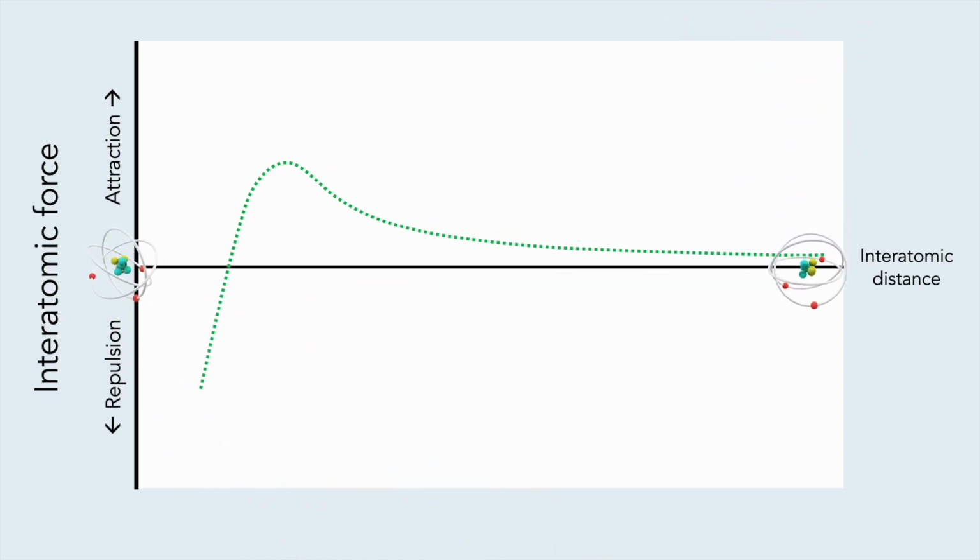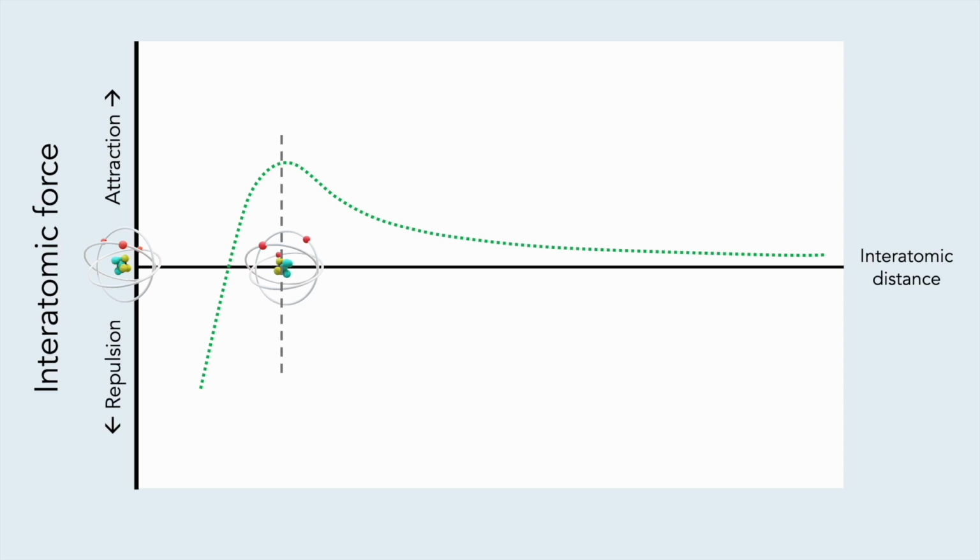Here are two atoms that have a large interatomic distance separating them, but there is an attractive force that wants to pull them together, and the force gets stronger and stronger as they move closer to one another. So at this point here, we've reached the maximum attractive force between the two atoms.